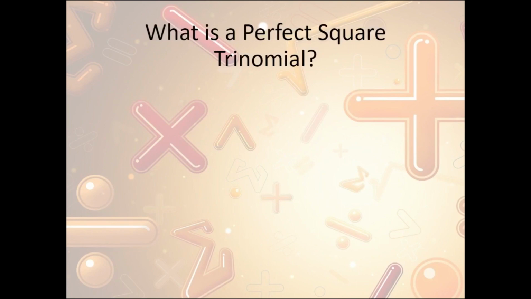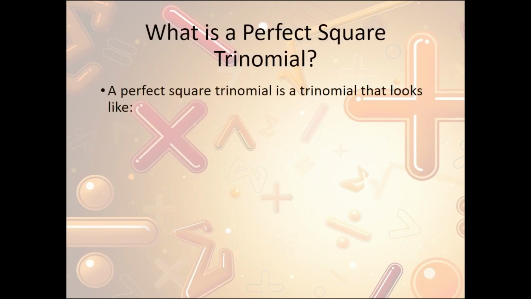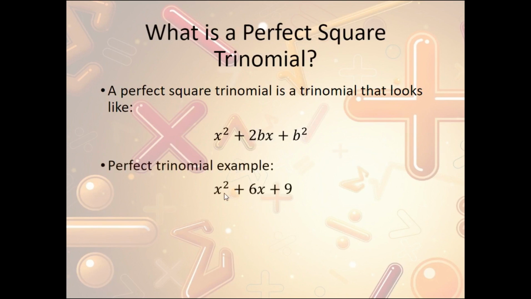Now, what is a perfect square trinomial? A perfect square trinomial is a trinomial that looks like this: x squared plus 2bx plus b squared. So b is some value. It'll be actually a constant. And the number here should be exactly double it. So an example of this would be x squared plus 6x plus 9.